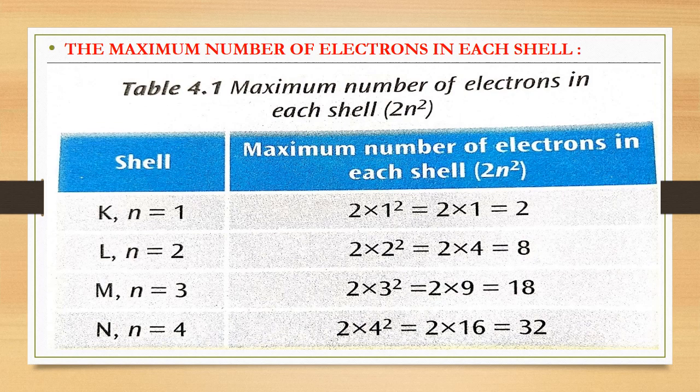So 2 into 2 square it is, 2 into 4 equals 8. So how many electrons maximum can L cell hold? 8. Likewise, for M and N, the answer we get is 18 and 32. So N cell can maximum accommodate 32 electrons.